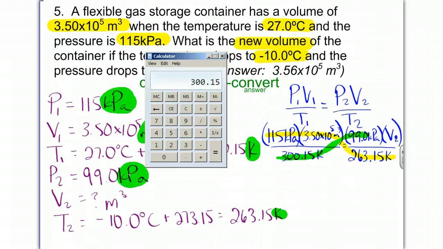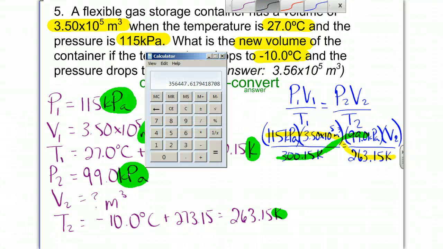So we will hit 115 times 3.50 times 10 to the 5 times 263.15 divided by 300.15 divided by 99.0. This gives me a very large number, which I'm expecting.